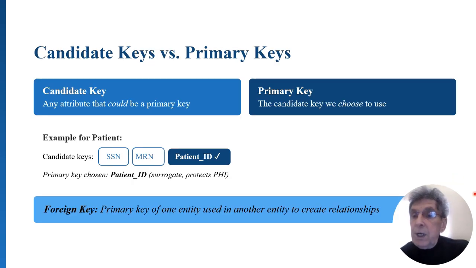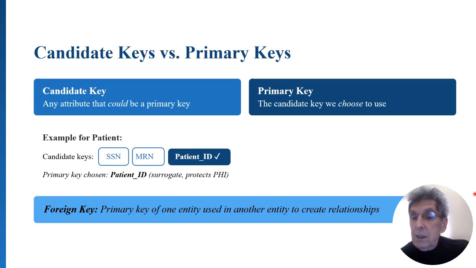Let's clarify some terminology. A candidate key is any attribute or combination of attributes that could serve as a primary key. It meets all the requirements: unique, not null, stable. A primary key is the candidate key you actually choose to use. For our patient entity, what are the candidate keys? Well, Social Security number is a candidate key.